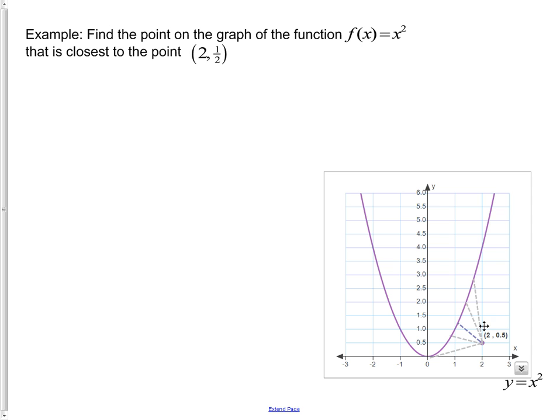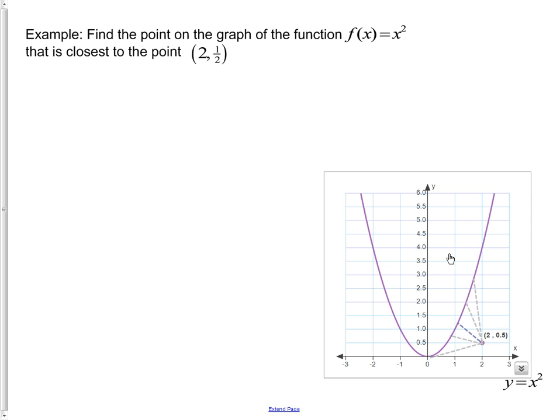Here's the situation in miniature. Here's my graph, y equals x squared, and we have the point (2, 1/2) right here. We could draw a line at any of these points along the curve and then find the distance from that point to the point (2, 0.5). The question is, which of these will be closest to the point?